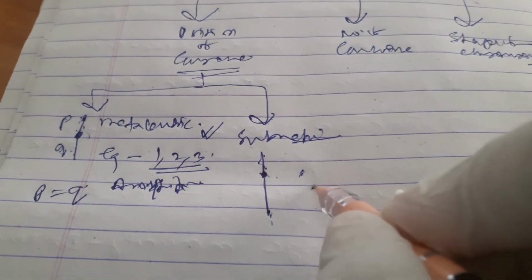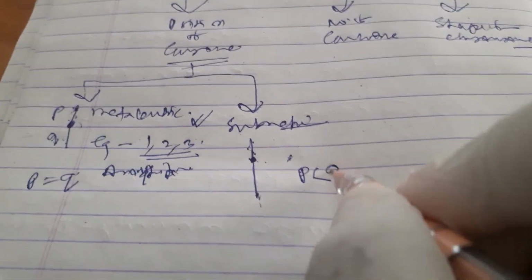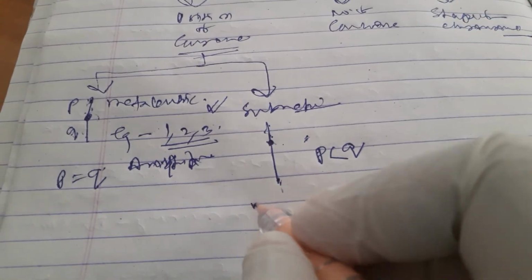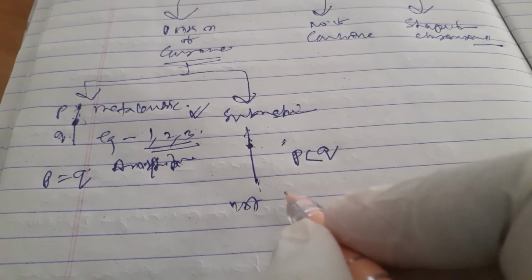Here P is less than Q, and most of the human chromosomes are of this type.